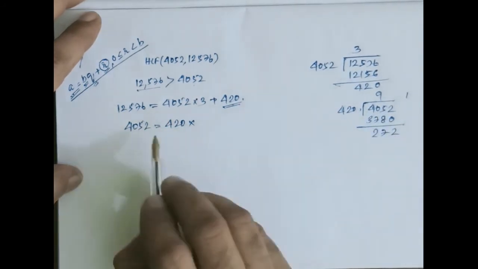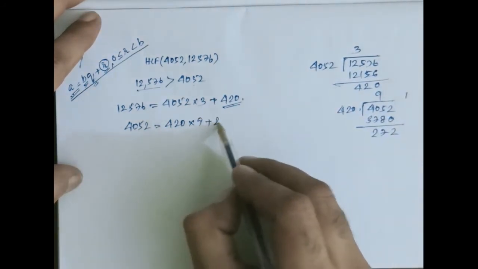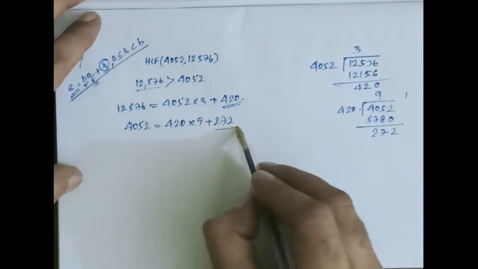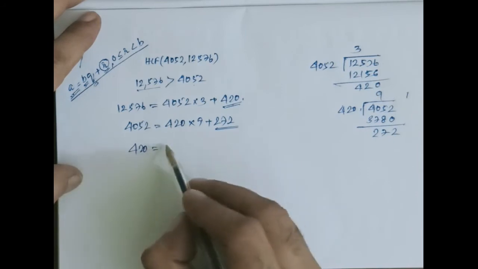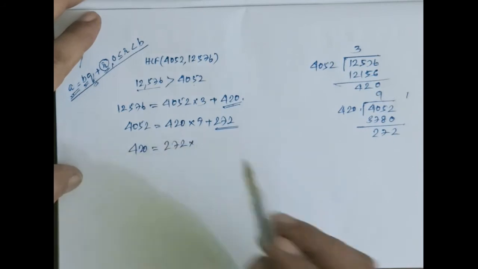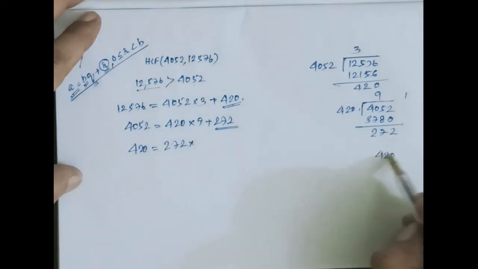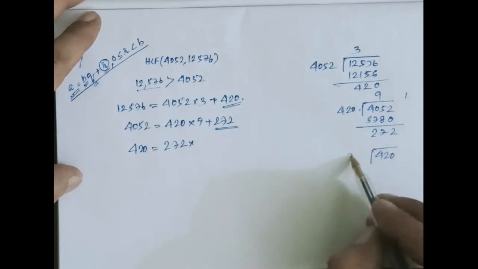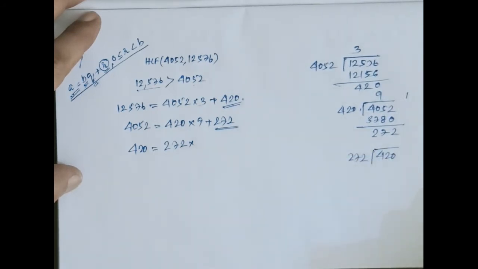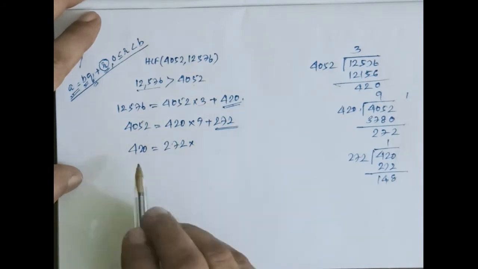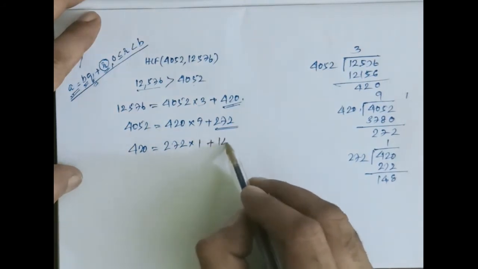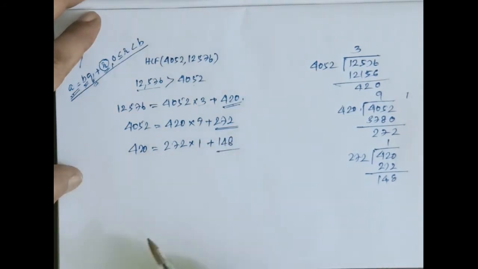So 4052 equals 420 into 9 plus 272. Here also the remainder is not equal to 0. Again, 420 divided by 272 is only one time, remainder 148. So 420 equals 272 into 1 plus 148. Again not equal to 0.